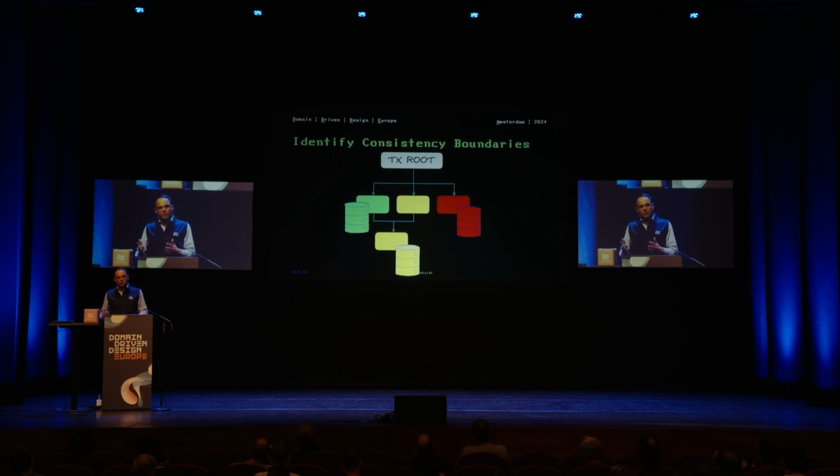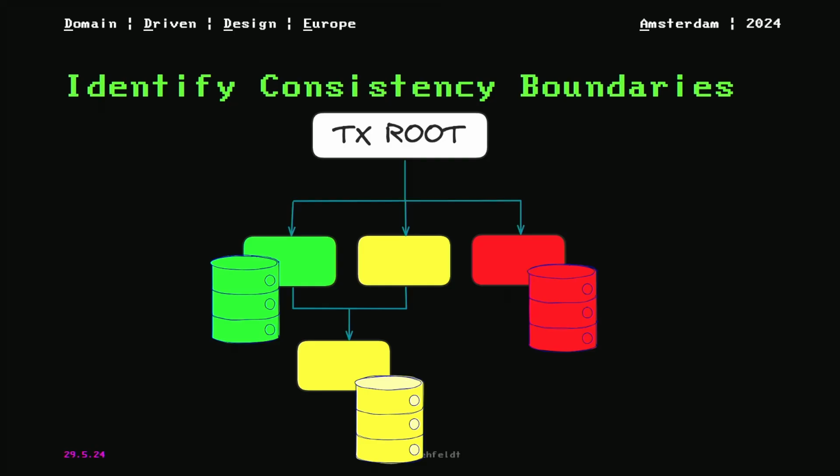Yeah, this is a system transaction. And if you can find the boundaries of multiple system transactions in one large business transaction, this should really guide you on how you can disentangle this transaction.